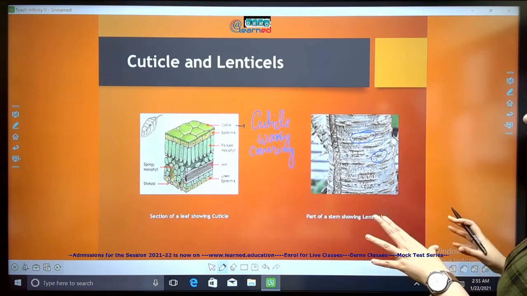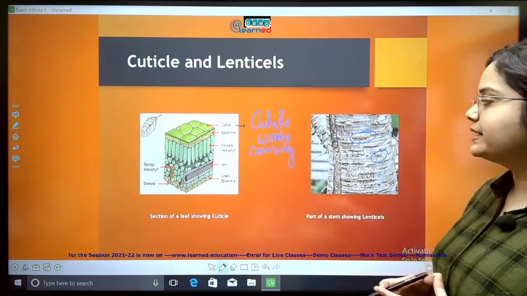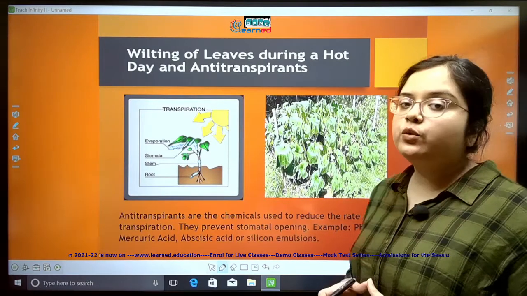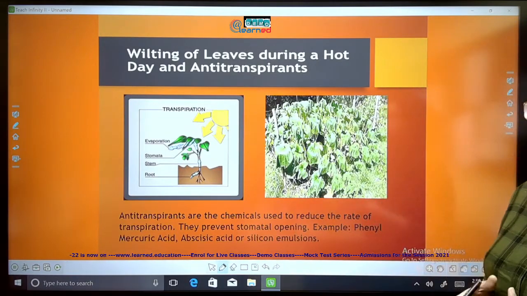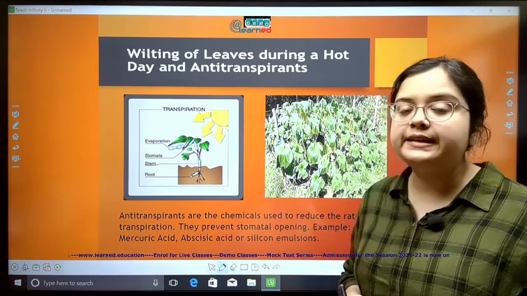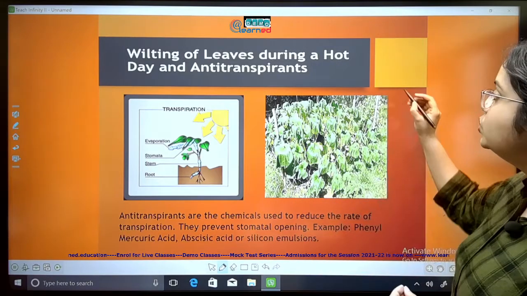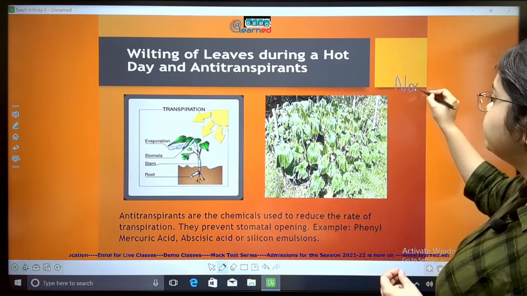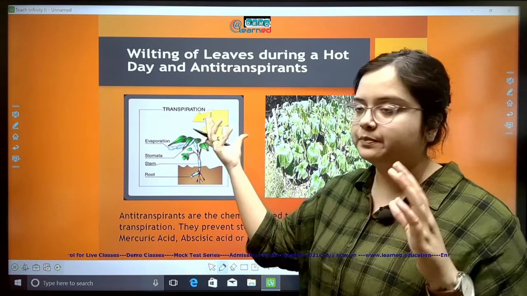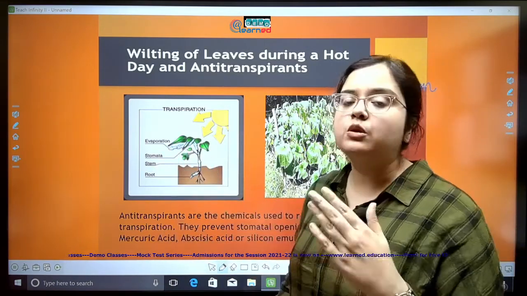So, this slide explained the cuticle waxy covering and the lenticels. Let us move on to the next one, which talks about the wilting of leaves during a hot day and antitranspirants. What is wilting? As the temperature goes higher, in the afternoon when the temperature is the highest, the sun is blazing and this will cause the water vapors to diffuse out of the plant.